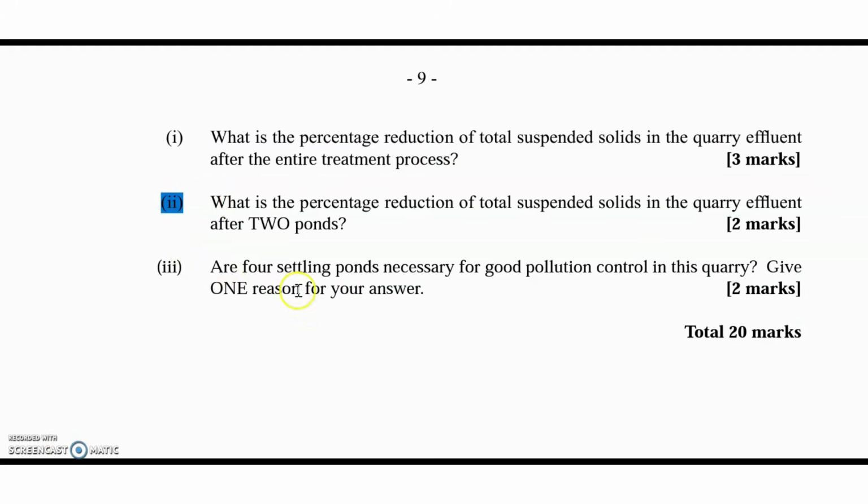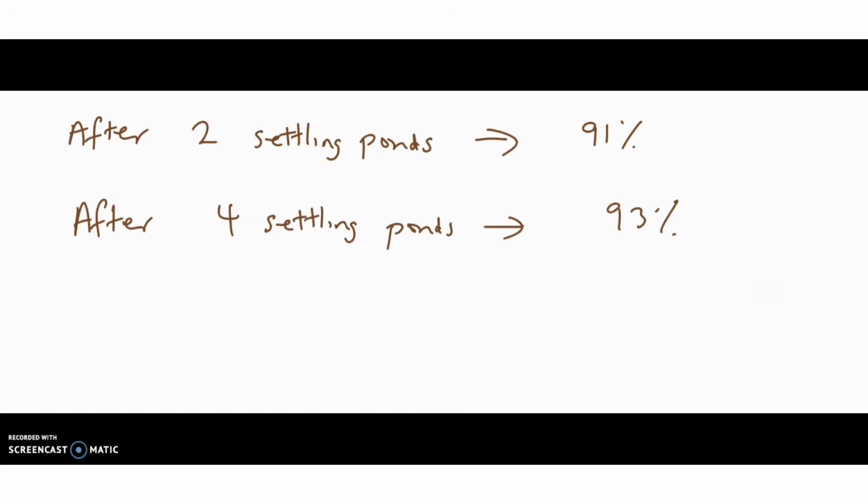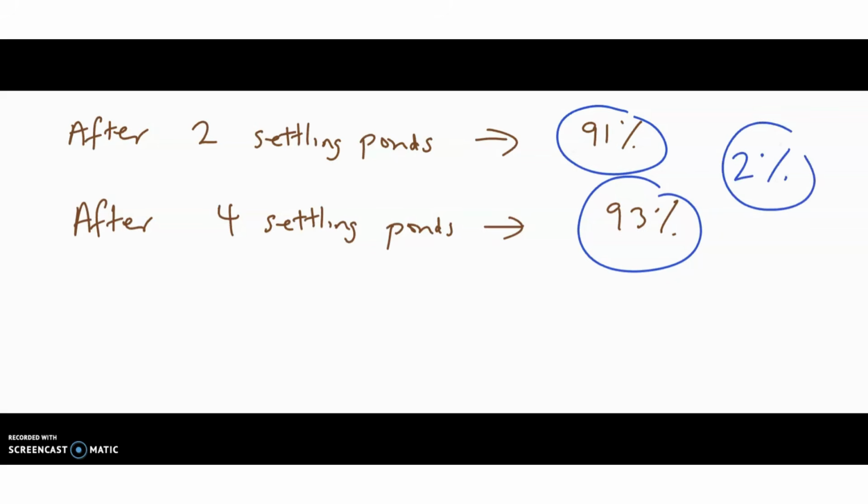Part 3, are 4 settling ponds necessary for good pollution control in this quarry? Give one reason for your answer. Now, folks, look carefully. After 2 settling ponds, we had 91% of sediments removed, and after 4 you had 93%. Now, this is an increase of only 2% from these 2 additional settling ponds.